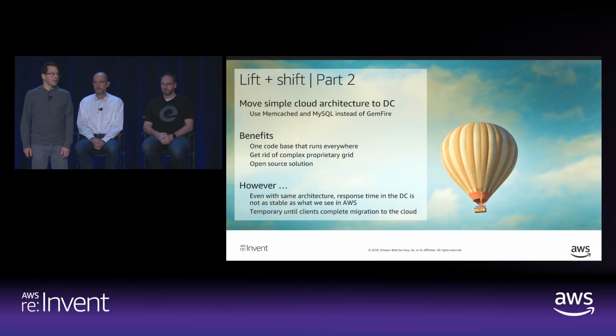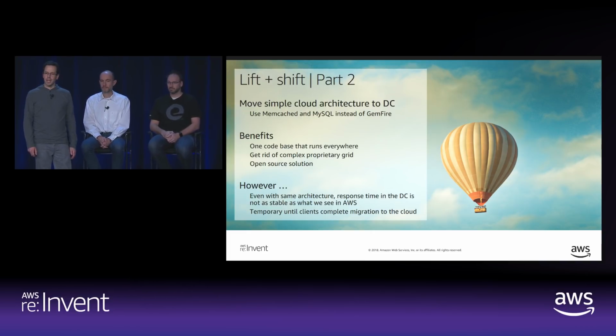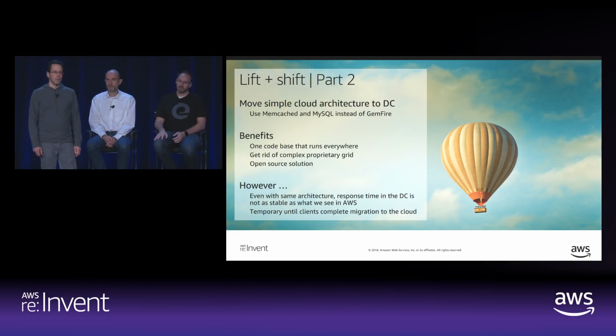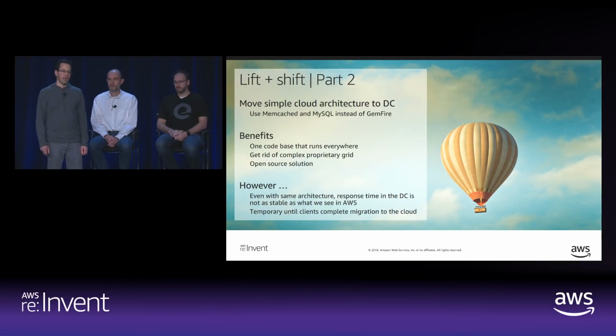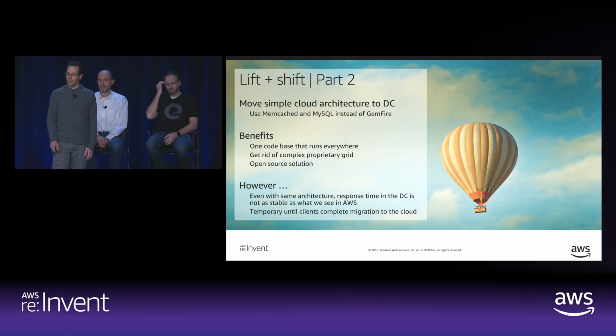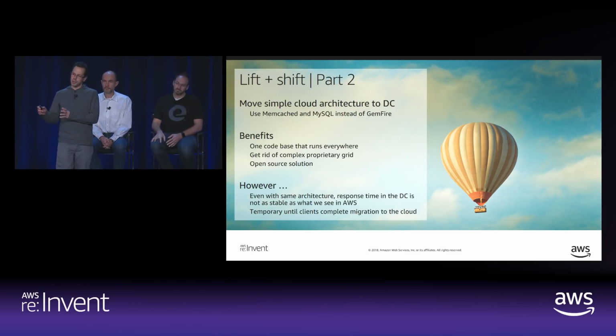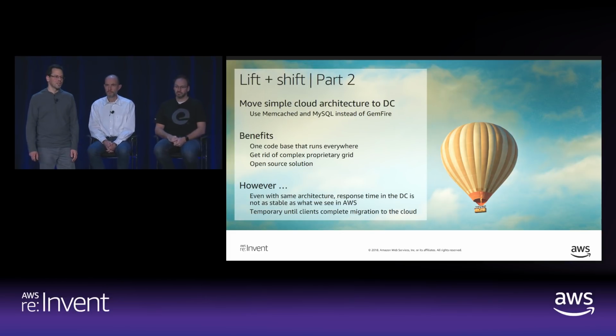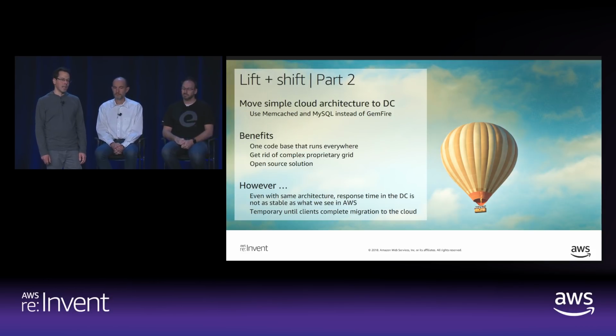The move to AWS has been a success, but we still have service consumers running in the data center, and we need to be present in the same network as them. So we took our simplified architecture and did a lift and shift back to the data center. Now we have one code base that runs in all environments. That's what I want to share about our move to AWS.